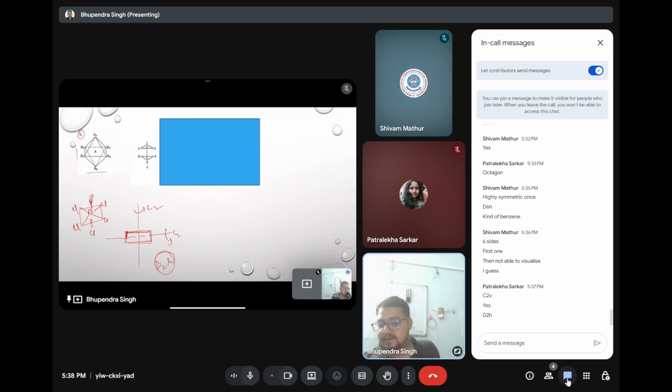So basically we have tried to find out the point group for some figures: square, rectangle, geometry.